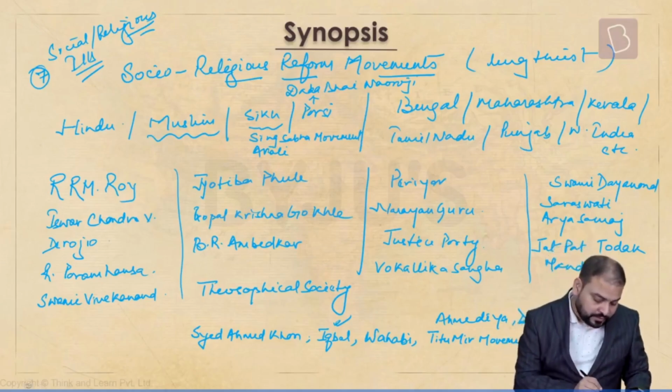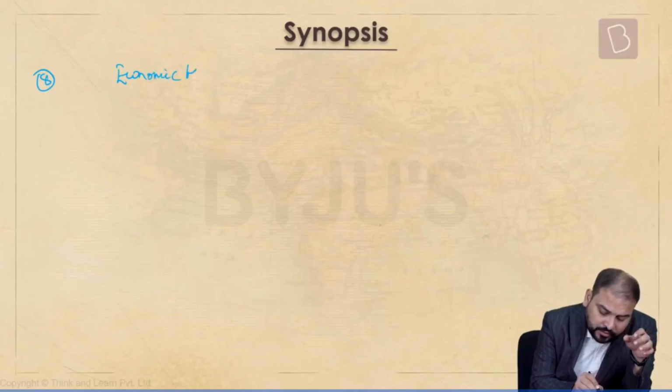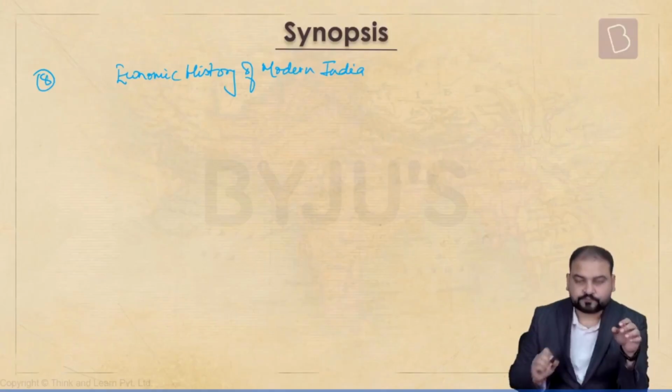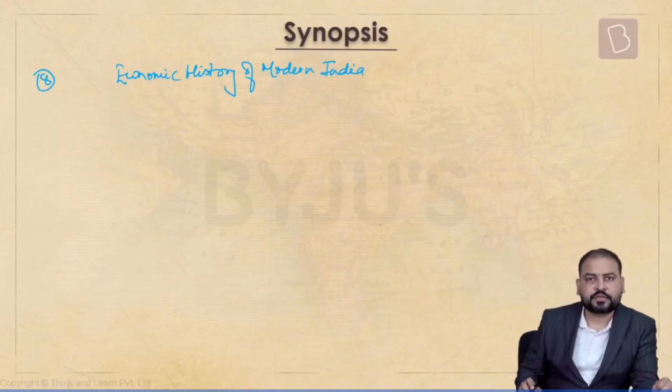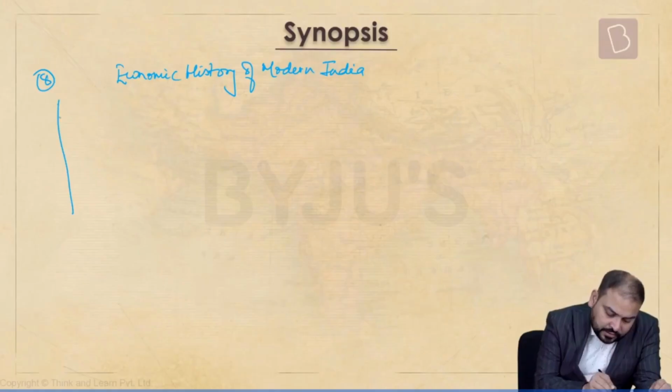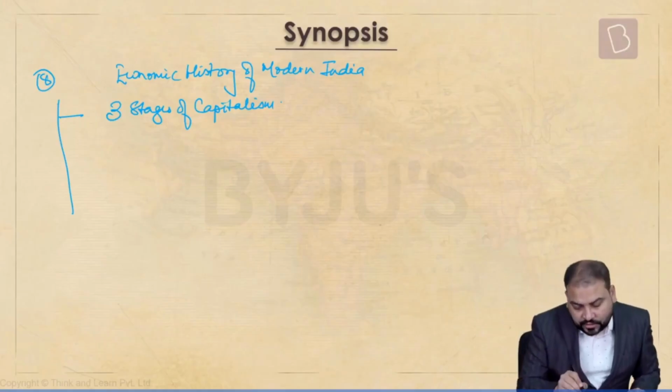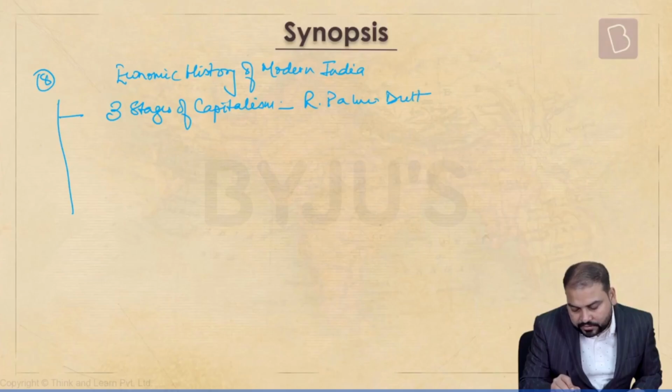Now, moving ahead of this, in our 8th chapter, we shall see the economic history of modern India. Now, under this, we shall start our discussion with 3 stages of capitalism. You'll see economist R. Palme Dutt.